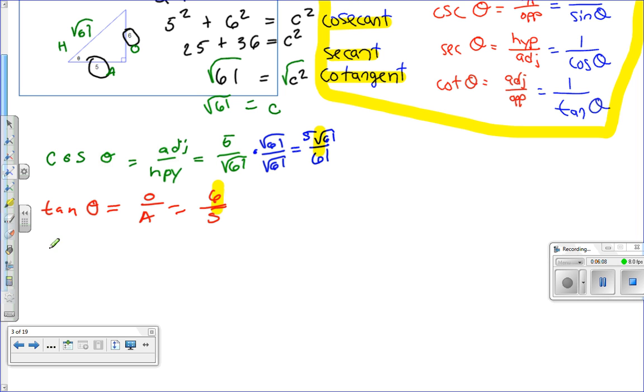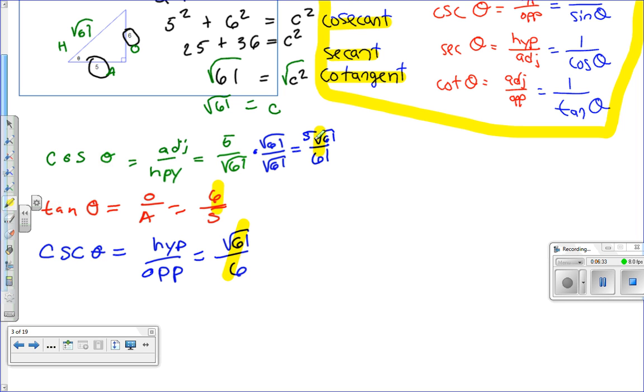There's always one hard one in here, and that was the cosine in this case. So cosecant of theta is going to be equal to the hypotenuse over the opposite. Got that from my notes up here. Hypotenuse is square root of 61 over the opposite, which is 6. And I'm done with that too, all right?